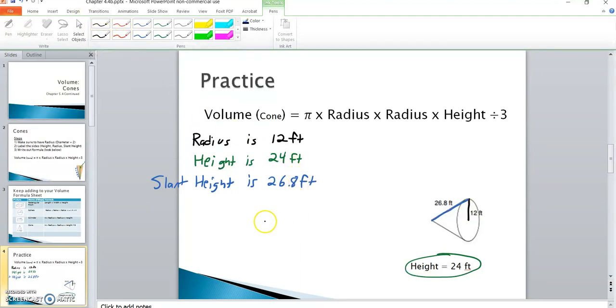Alright, so at this point we're just going to fill in our formula. So it's pi times the radius times the radius times the height divided by 3. So I'd like you to go get your calculator and figure that out.